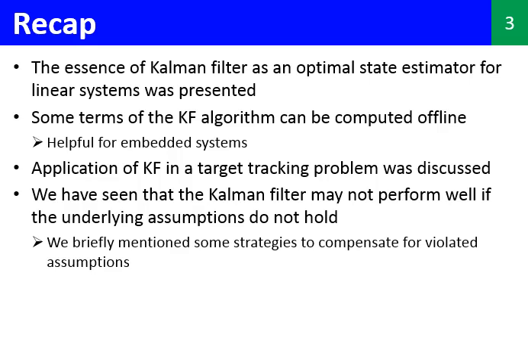We saw that some terms of the Kalman filter could be computed offline, and it is helpful especially for embedded systems. We looked at a target tracking example to understand how we can use the Kalman filter in an application. Finally, we realized that we may experience issues in convergence and performance when the Kalman filter is used in real applications.